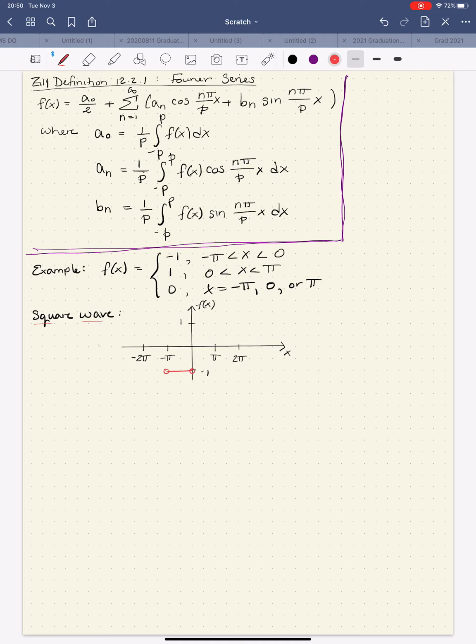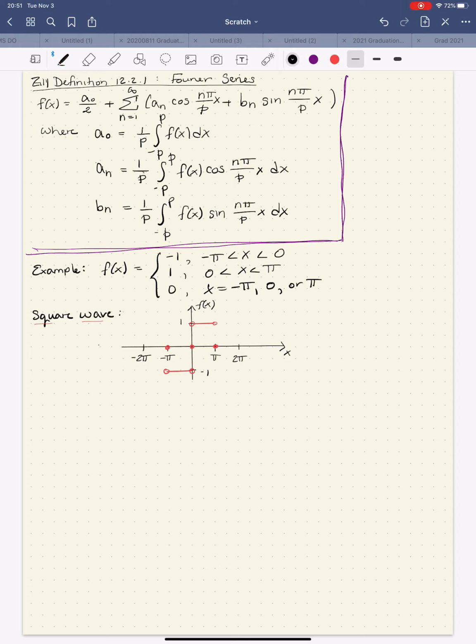Then when x is between 0 and pi, the value of the function is 1, so we do the same thing up here at 1. And when x is equal to negative pi, 0, or pi, that's where we can draw our dots, and the function's equal to 0. So you can see that it starts to form a bit of a square wave.